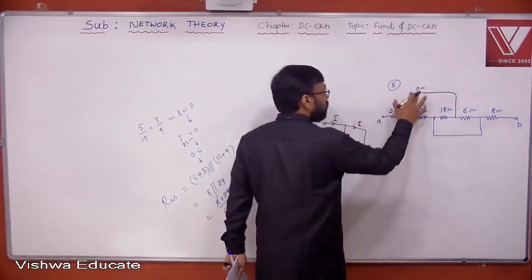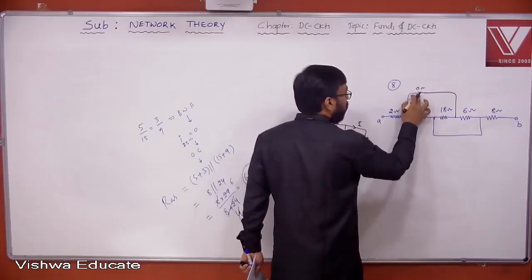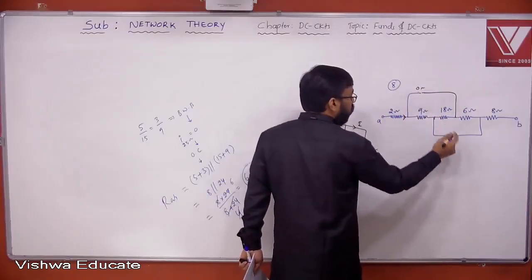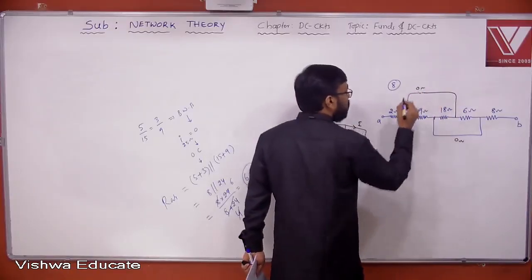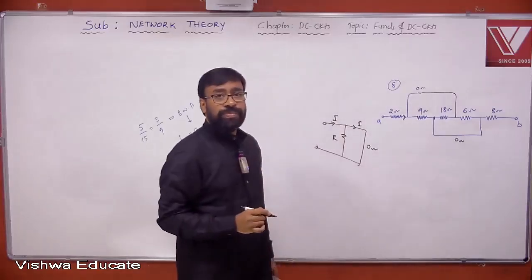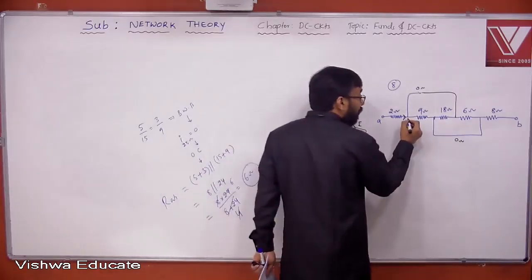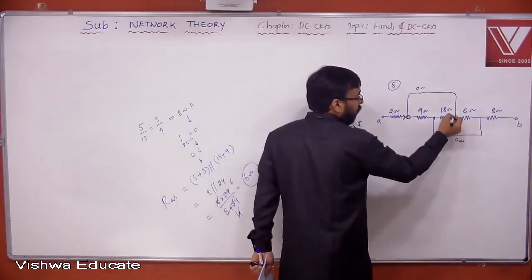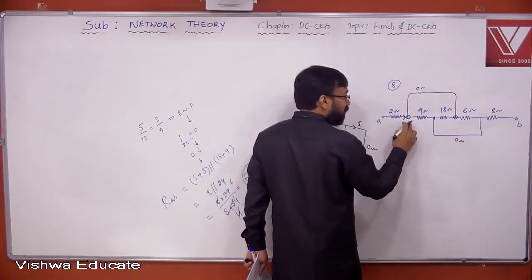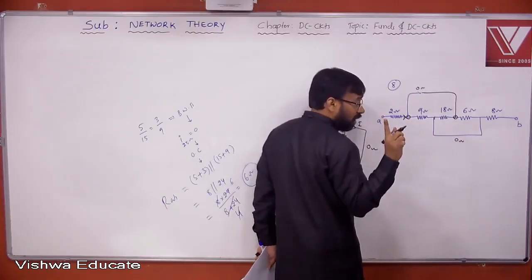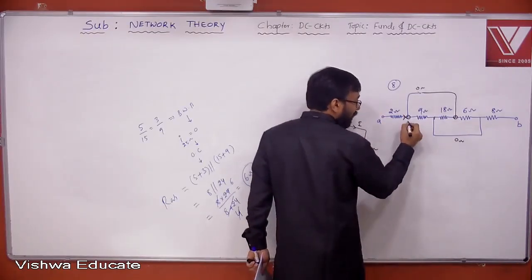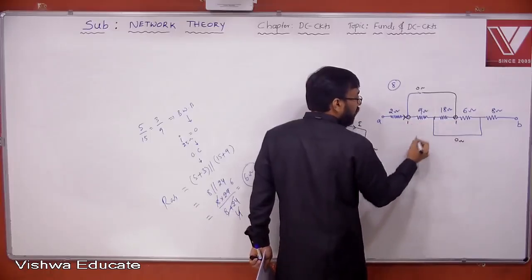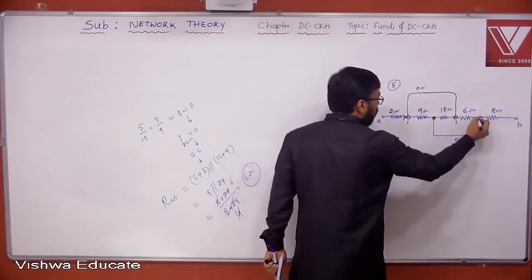So in such cases, you must deal with a simple mechanism: the numbering technique. You can see this point and this point both are operating at the same potential. If I call this 1, this is also 1. This point and this point are at the same potential.